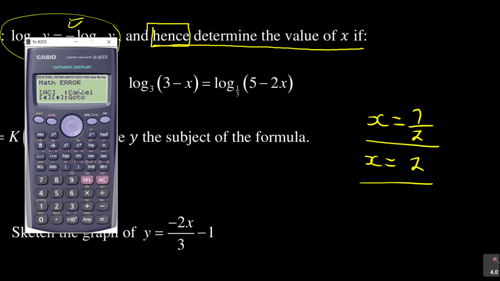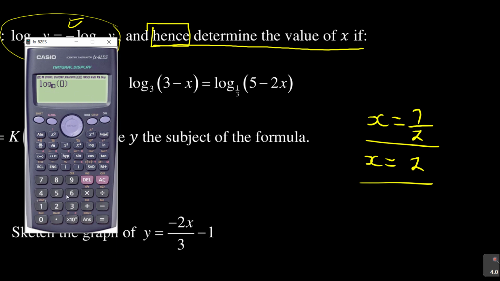So the first value is not doing it. What about the second one? If I've got 3 minus 2, where x is equal to 2, I'm getting a 0 on the left hand side.